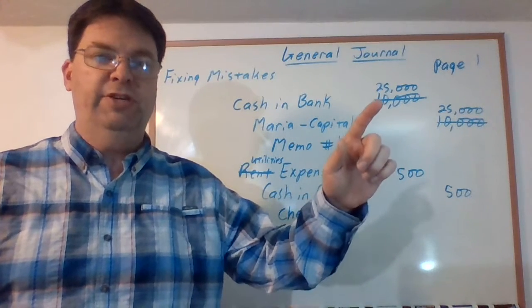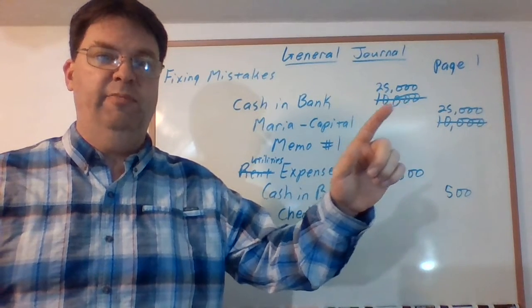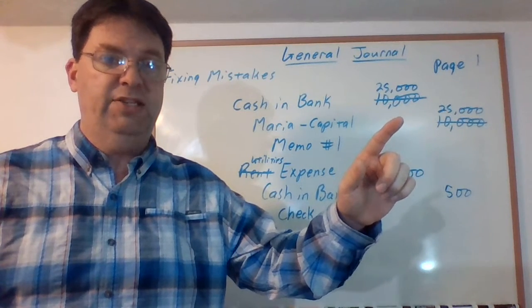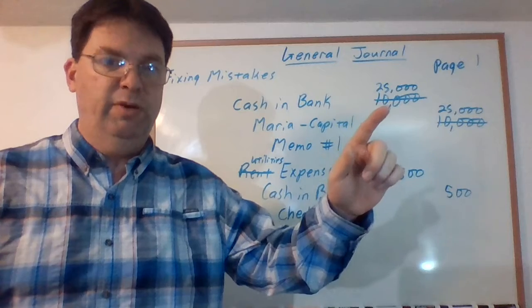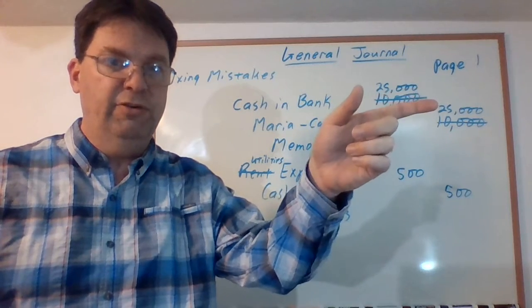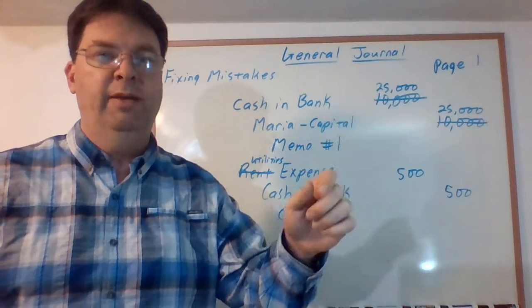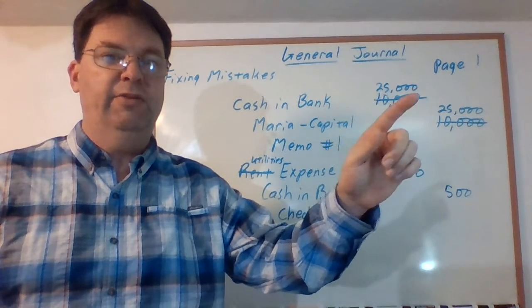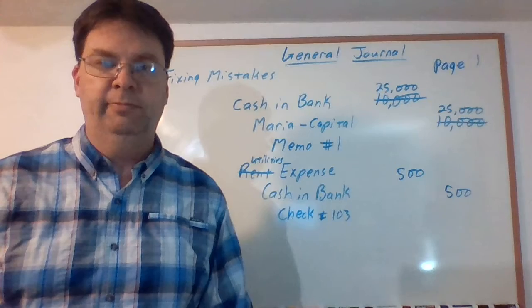Well, what she can do is cross it out with a line so that we can see what the number was. We can see it's 10,000. We don't want to scribble over the whole thing so that it just totally disappears. But we want to just draw a line through it and then write the correct entry above it.